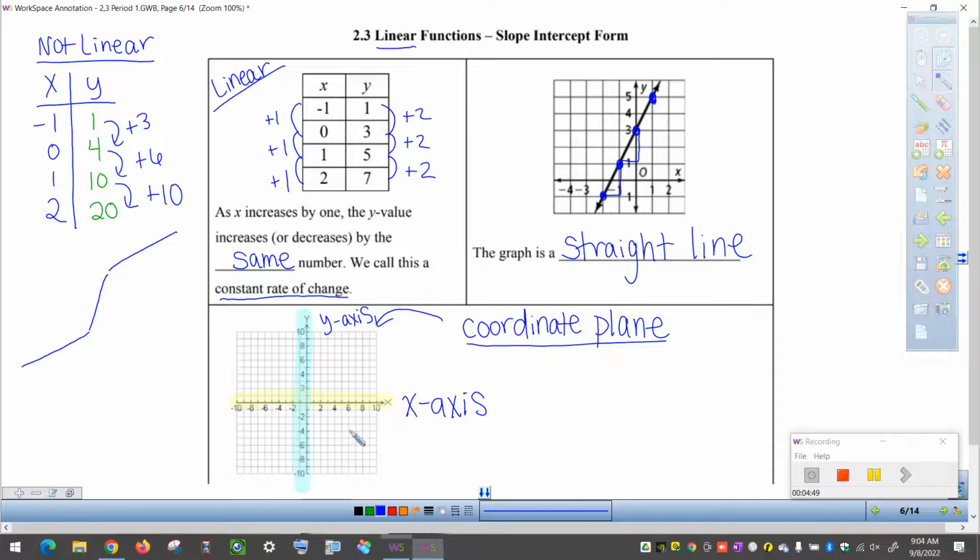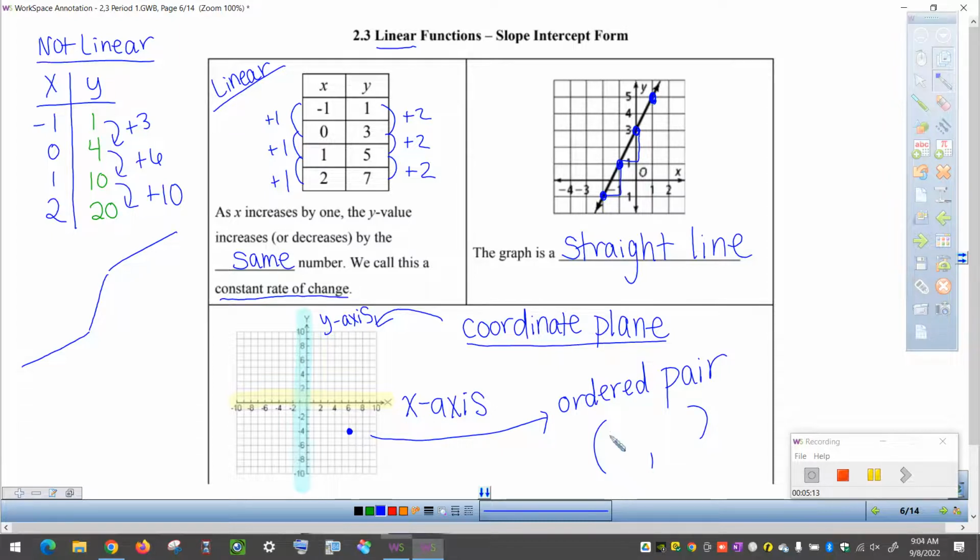And then if we plot a point on our coordinate plane, something like this, we can represent the location of that point with an ordered pair. So for example, for the point that I ended up picking, I'm noticing that if I go up to where the x-axis is, it lines up with the x value of 6.